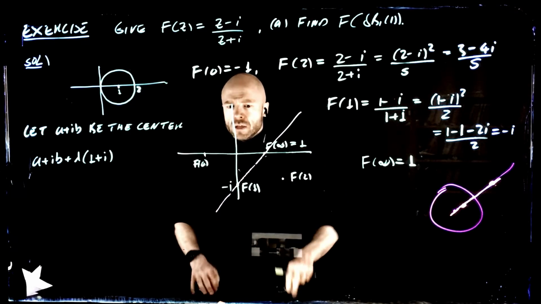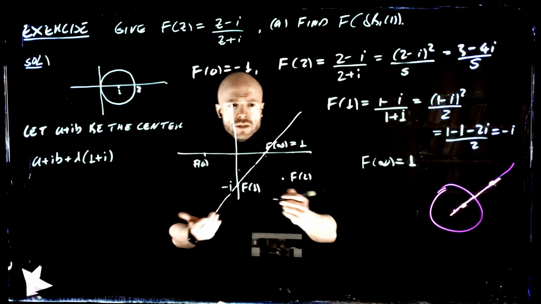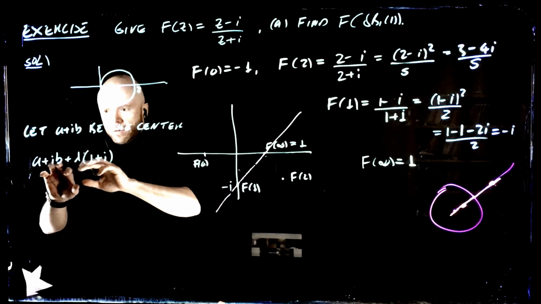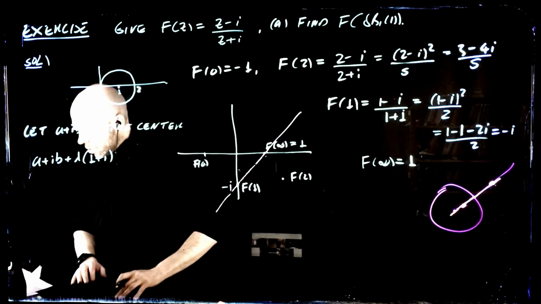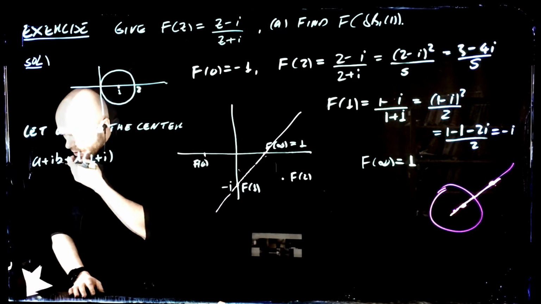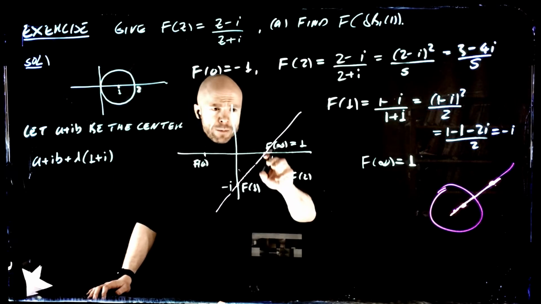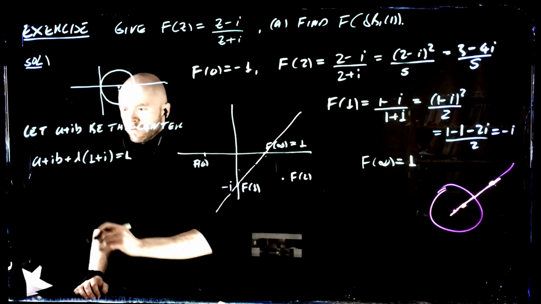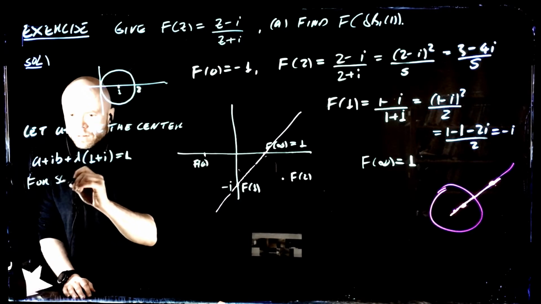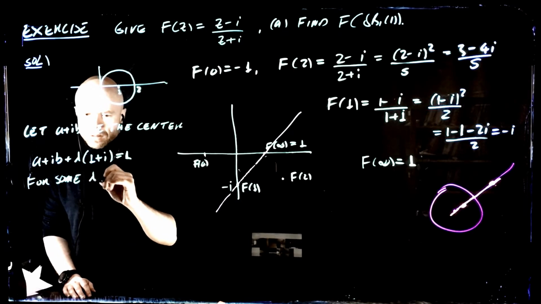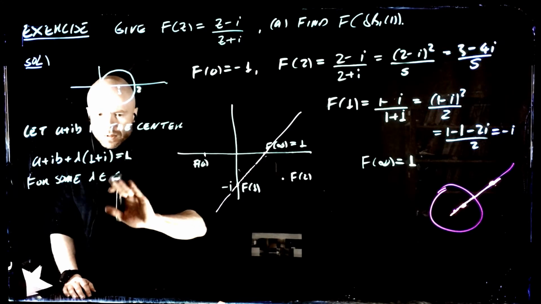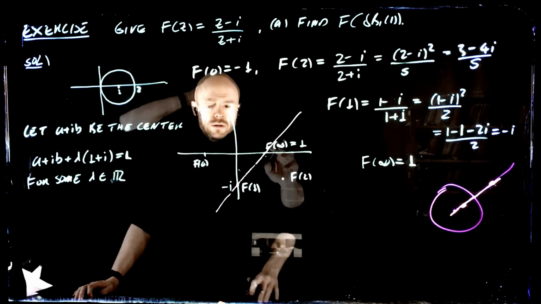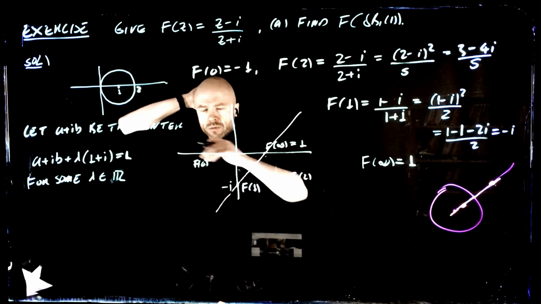And wherever the center is, we can use this to reduce this down to just one coordinate. Because for some lambda, this thing has to equal 1 along with the real numbers, because this is one of the points this line has to go through.